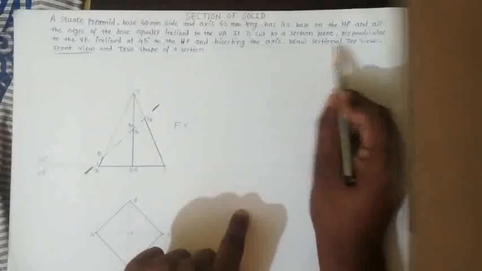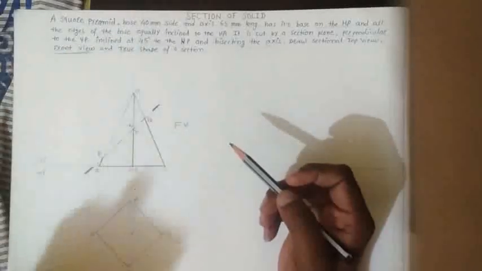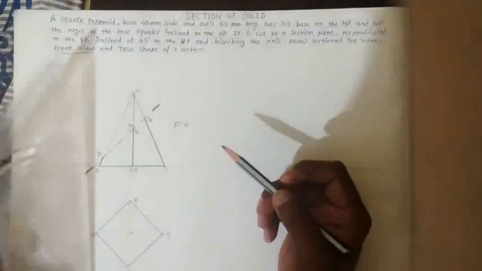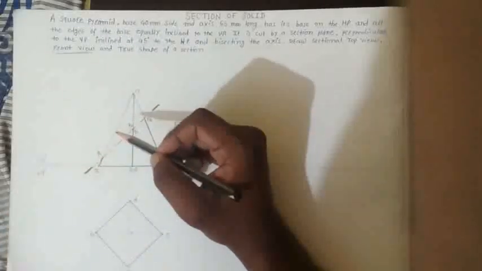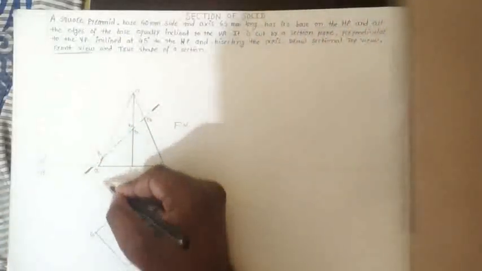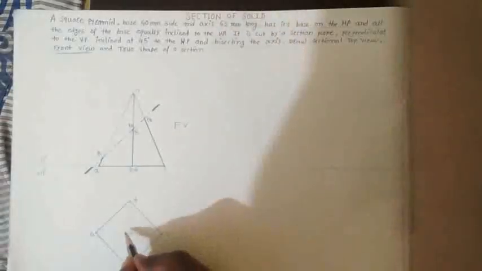Now we have to draw the sectional top view. Friends, we have to project P1, P2, P3 and P4 points towards the bottom side. I just take this P1 downward side. Since this P1 point cuts slant edge OA, when we project this line towards the bottom, we get this point.